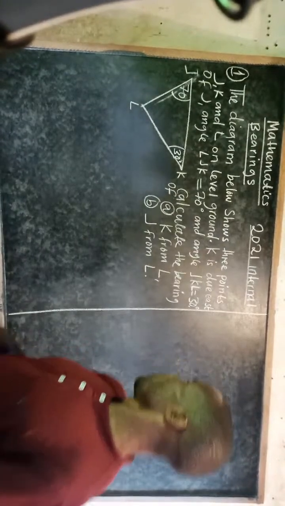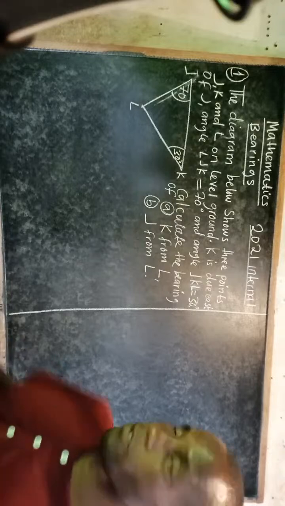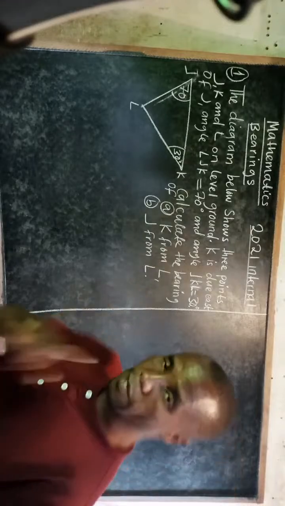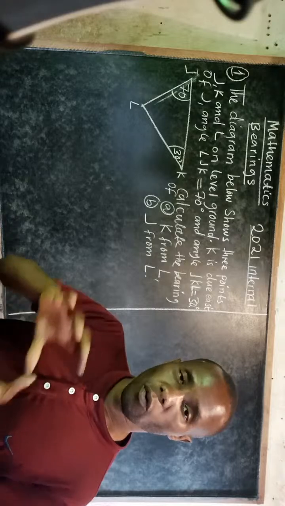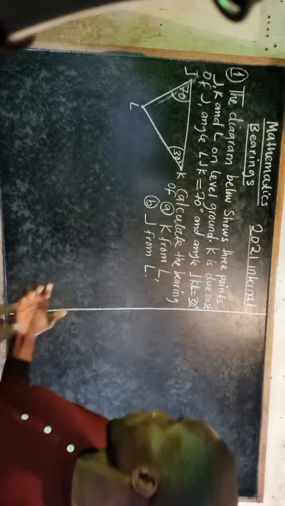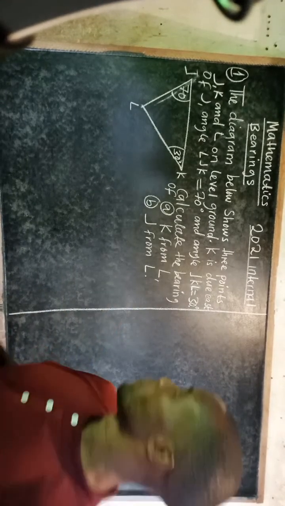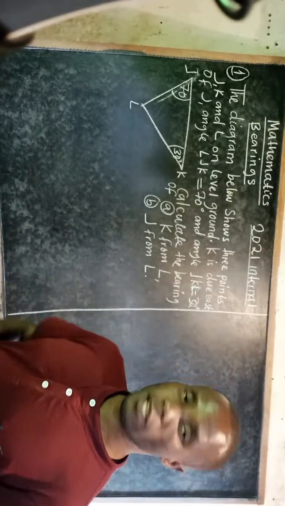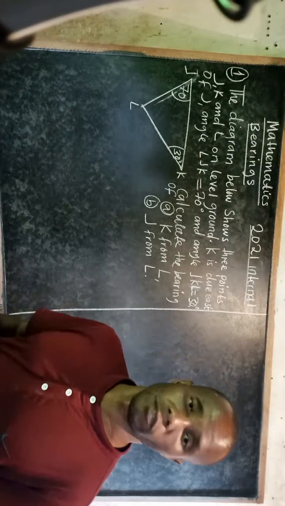Okay, so now to start with the first question. Remember, bearings go together with angles. So the first thing that you're supposed to do is to know which particular angle they are looking for, so that we can calculate according to the question. In bearings there is the true north that you are supposed to provide to measure that particular bearing.